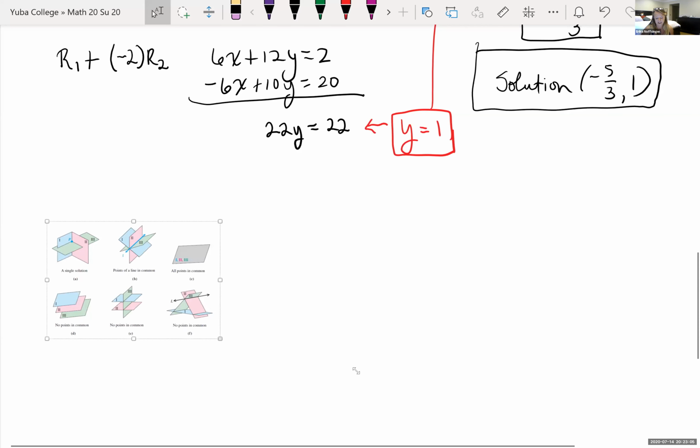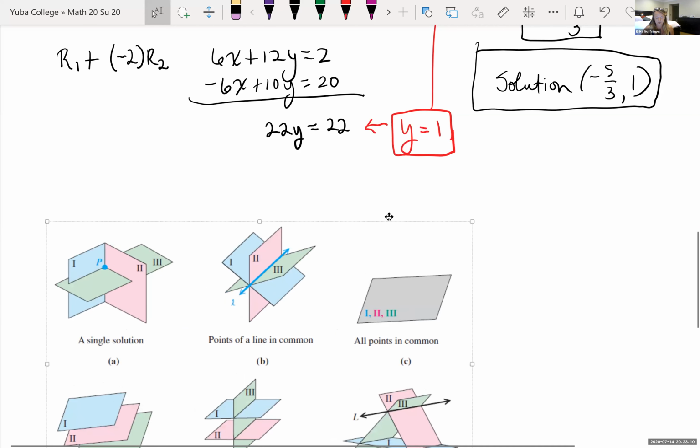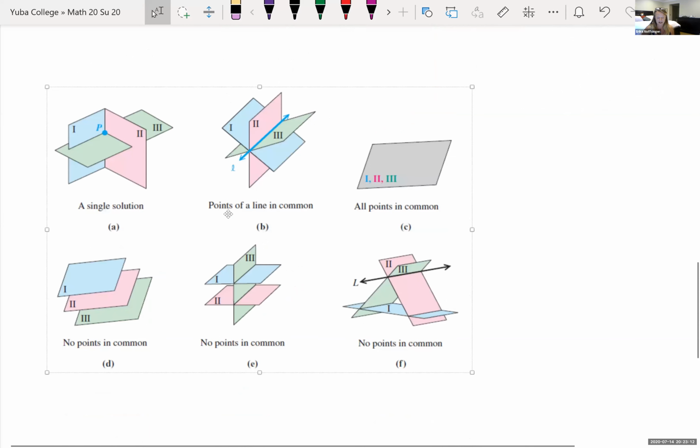Then we're dealing with graphing in 3D, so it's a little more difficult to think about what's going on. That's where I pulled this picture from the internet.